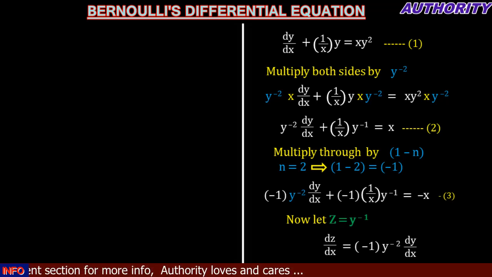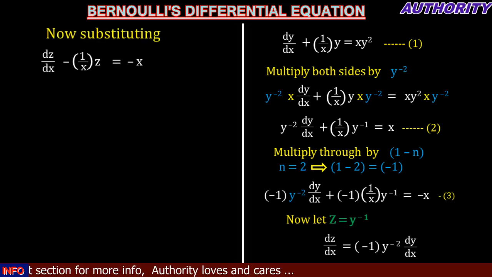So in place of this minus 1, y raised to power minus 2 dy/dx, we replace it with dz/dx. So we have dz/dx minus 1 all over x. This y raised to power minus 1, we replace it with z. Is that true? Yes. Then equal to minus x.